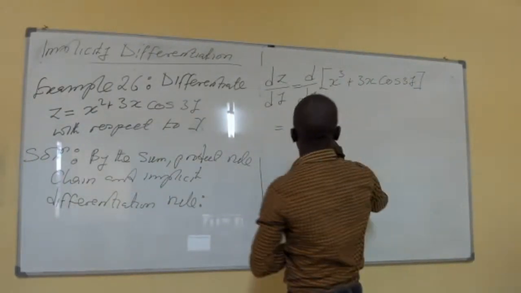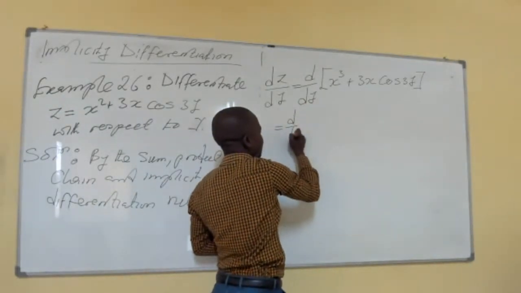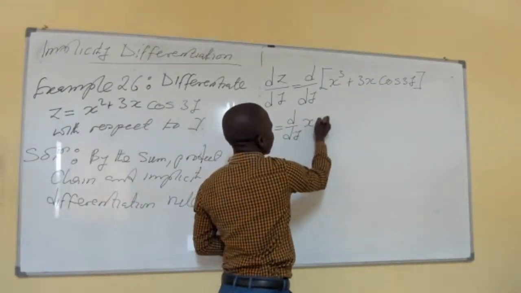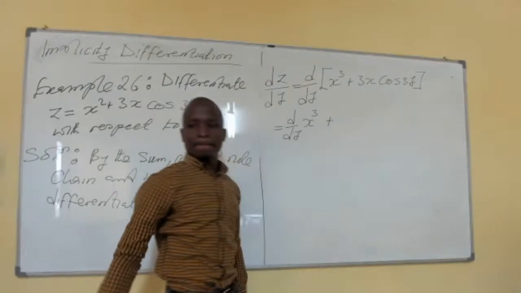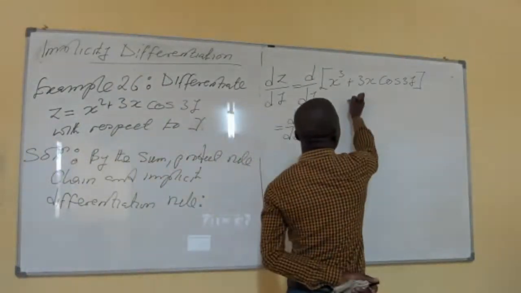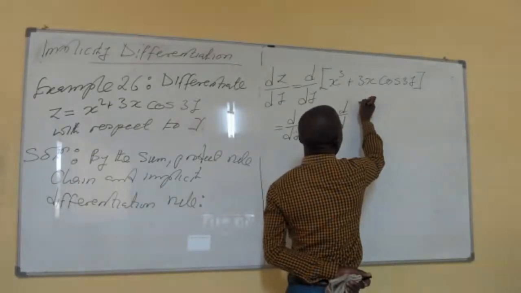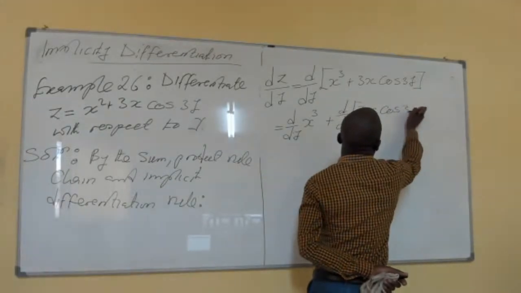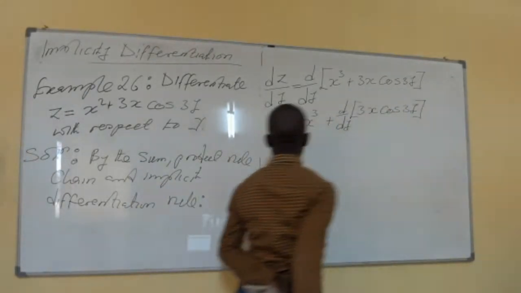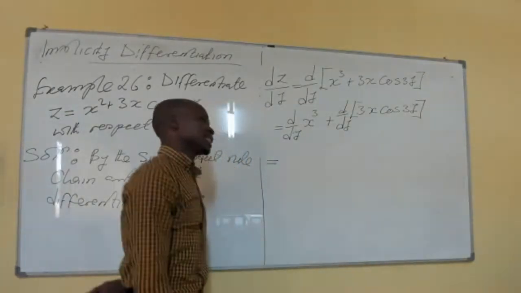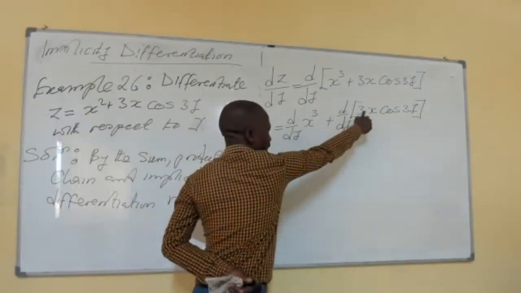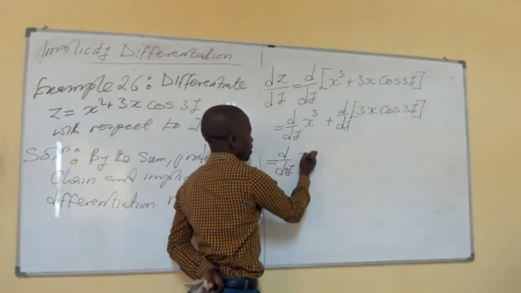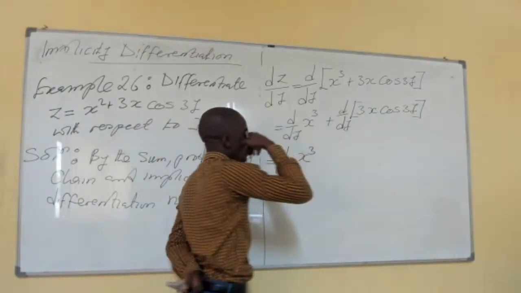Using the sum rule, this is the derivative with respect to y of x power 3, plus the derivative with respect to y of 3x times the cosine of 3y. Let me rewrite this part first. x cubed. So I've used the sum rule here.